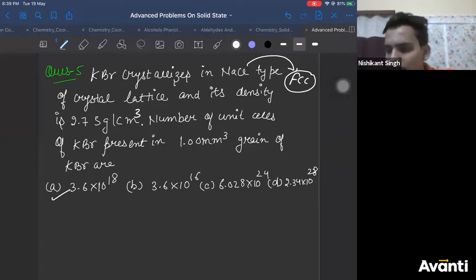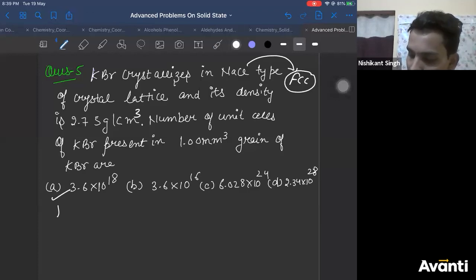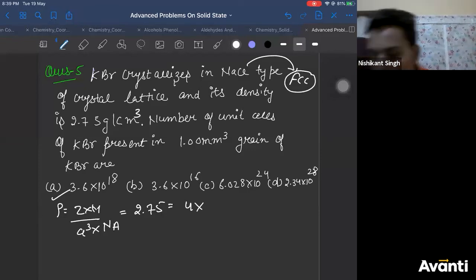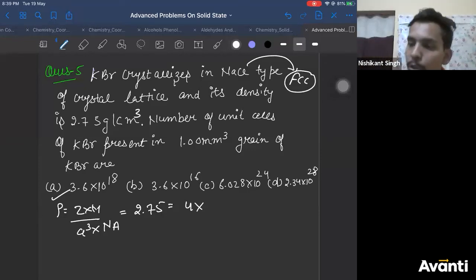Now, how to solve this is again a pretty easy question. You can apply your density formula, that is Z into M by A cube into Na, and this density is given to be 2.75. Substitute the values. Z is 4, and molar mass of KBr also you can substitute.